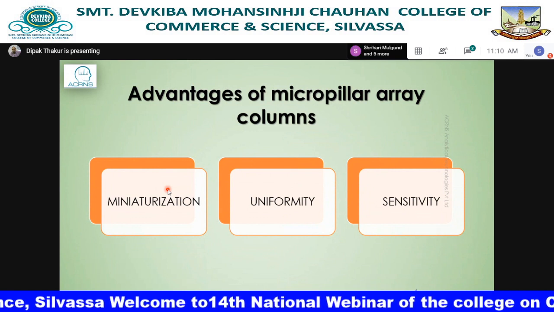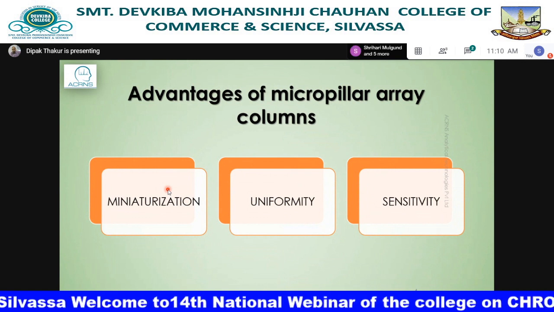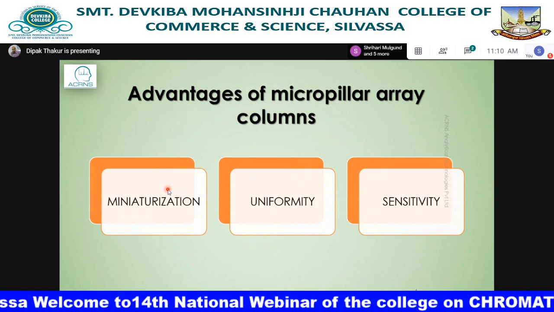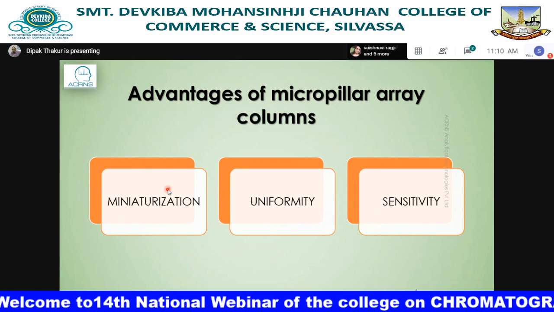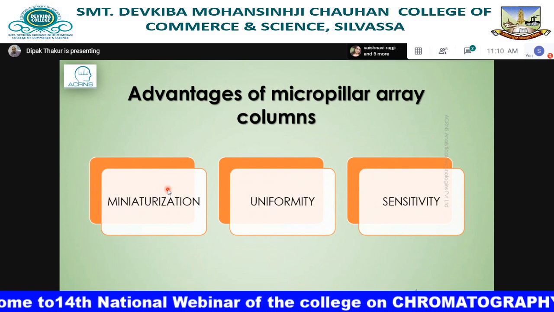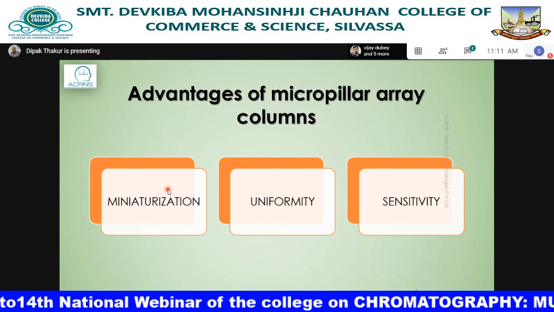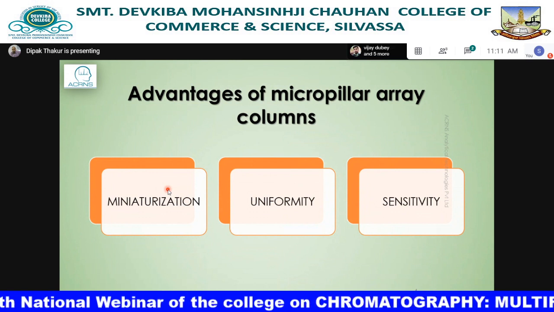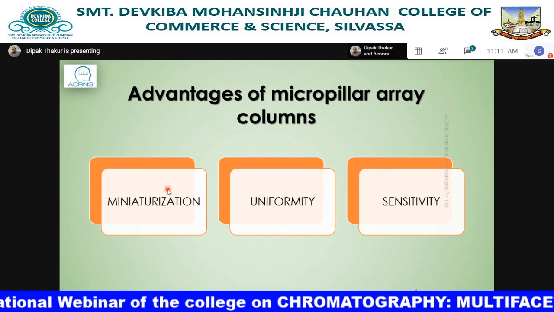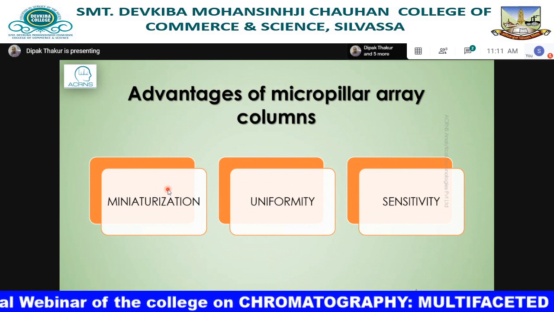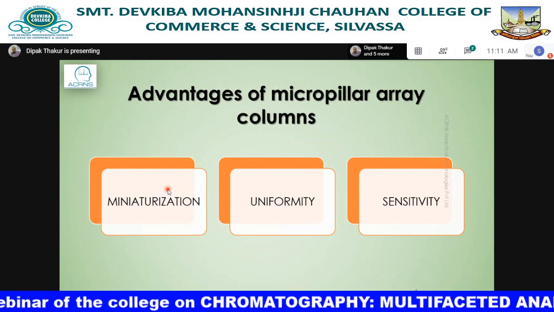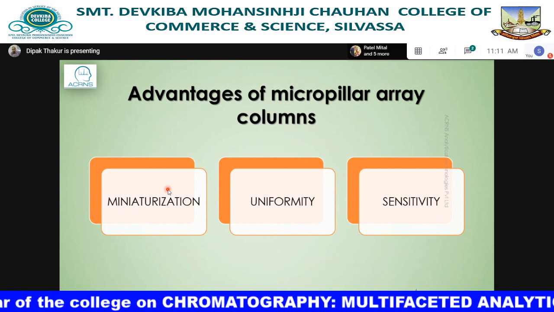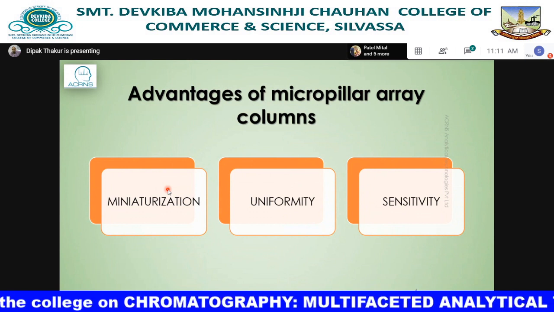And this miniaturization not only saves solvents, but it saves samples, because you need almost 1,000 times less amount of sample to analyze. So the benefit is you save sample, or in other way around, those samples which are very limited in small amounts, on them you can do this analysis using these columns.